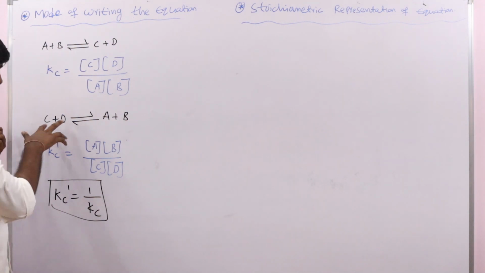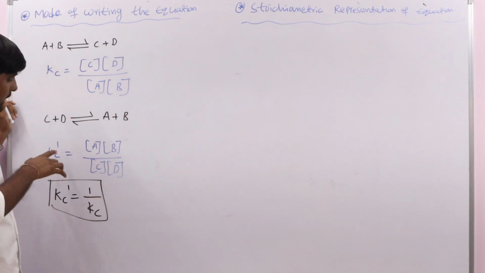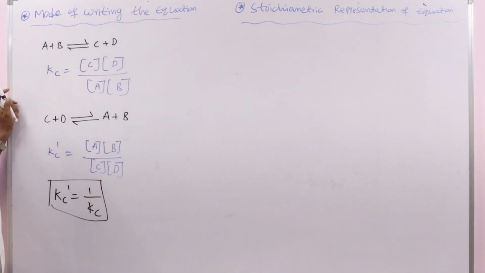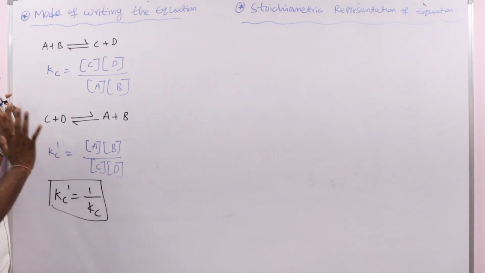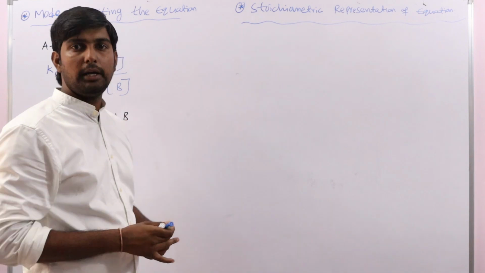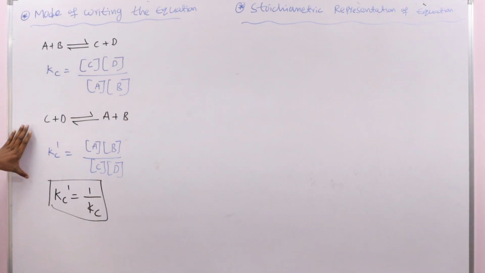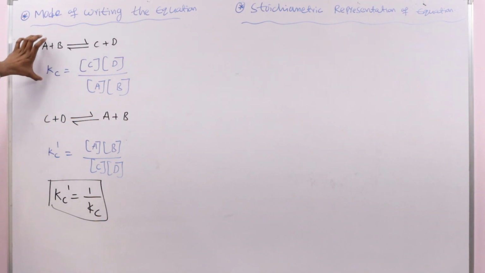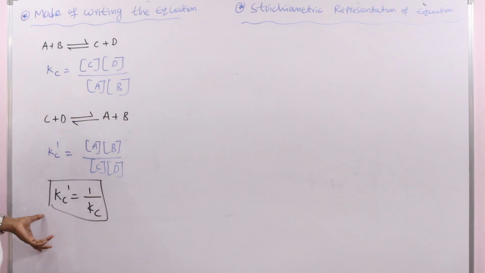Simply do this experiment, calculate equilibrium concentrations and substitute here, we get the equilibrium constant, and then for the reverse reaction simply take the reciprocal. So when the way of writing the reaction changes, the equilibrium constant value changes. If a reaction is reversed, the equilibrium constant becomes its reciprocal.